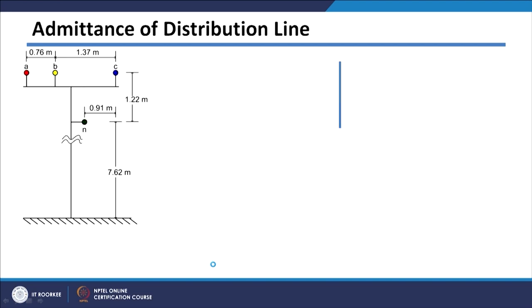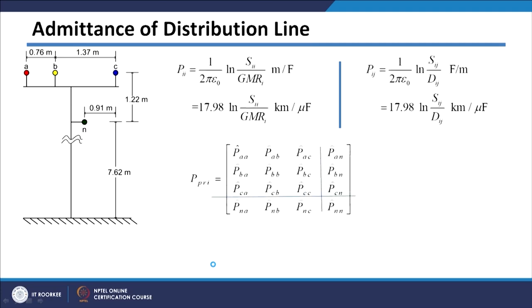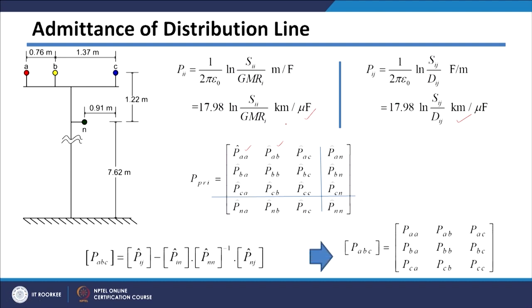So, let us say again for that example which you have considered for impedance calculation, how can we calculate the potential coefficient matrix. So, in this case again there are 4 conductors and each potential coefficient will be calculated by using these equations here. So, each of these entries of primitive potential matrix will be calculated using the 2 equations, and once you get this, again you can use Kron's reduction to get the phase potential coefficient matrix.